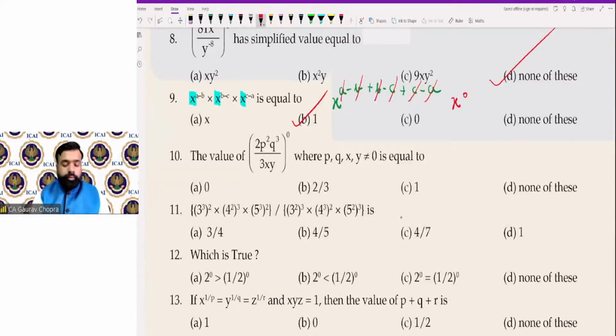Now the 10th one. 2p square q cube divided by 3xy, whole to the power of 0. What will be the answer? Question number 10. What will be the correct answer? Suchiang has given option number C. Let's wait for some more answers.